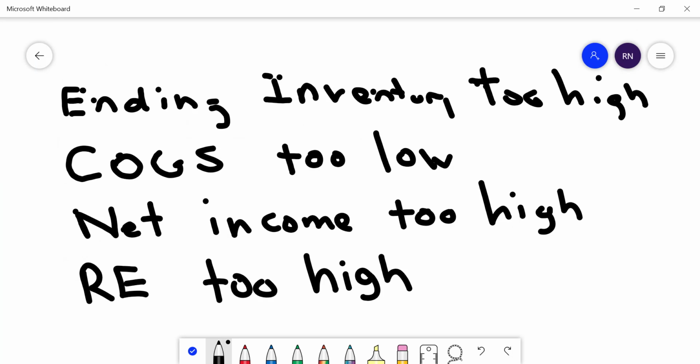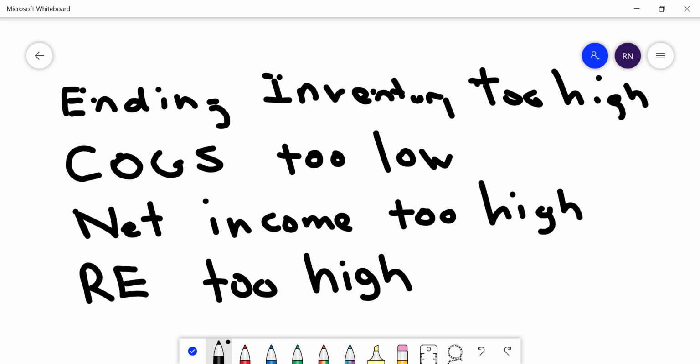So just first off, go through this. Everything that I buy and put into inventory, at the end of the year, it's got to be one of two places. Either I've sold it, and therefore it's in cost of goods sold, or I still have it, and it's in ending inventory. So if my ending inventory is too high, by default, my cost of goods sold is too low.